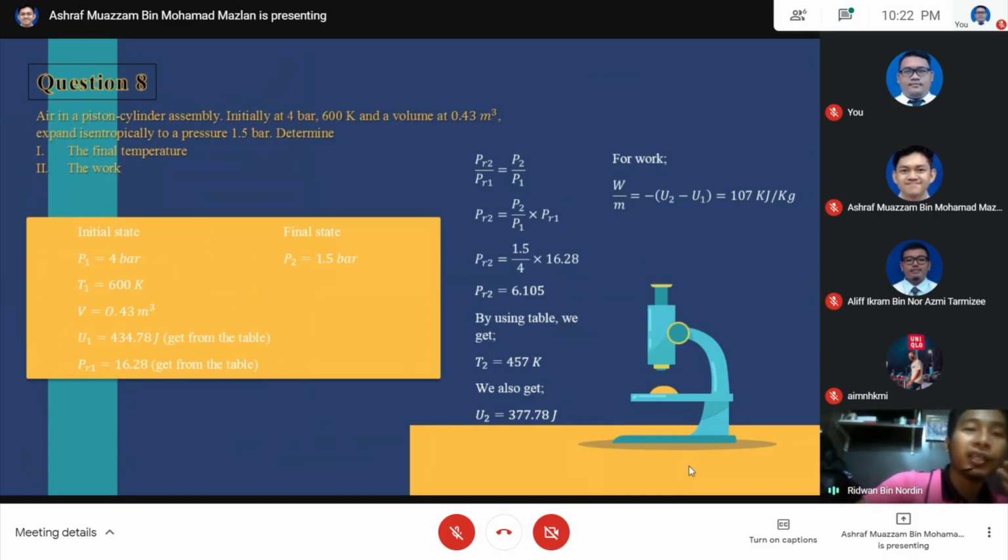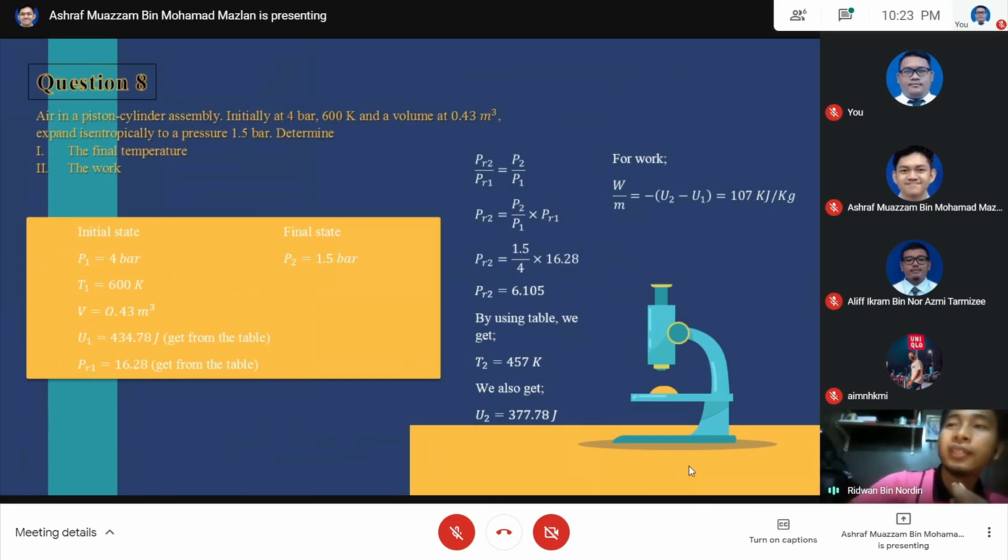PR doesn't have any unit. So using this relative PR, we can get PR2 for the final state. We get 6.105. We can use that PR2 to get the final temperature and energy using the table also.